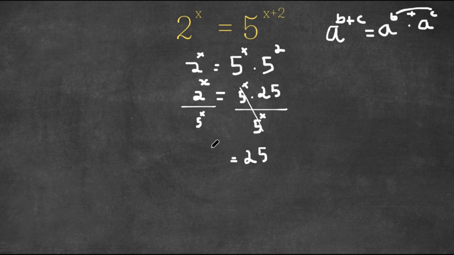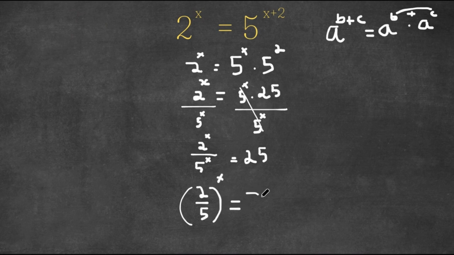And on our right-hand side, we'll have 2 to the x over 5 to the power of x. And this can actually be written as 2 over 5, whole power x. And this is equal to 25.